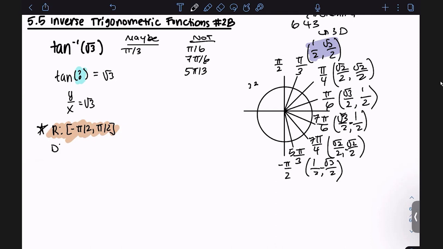Well, we look at the domain and the range of arctangent. This is something you have to know. The domain is all real numbers. So it could be any x value, so let's check. And then the y value has to be between, well, let's take a look at what pi over 2 is.